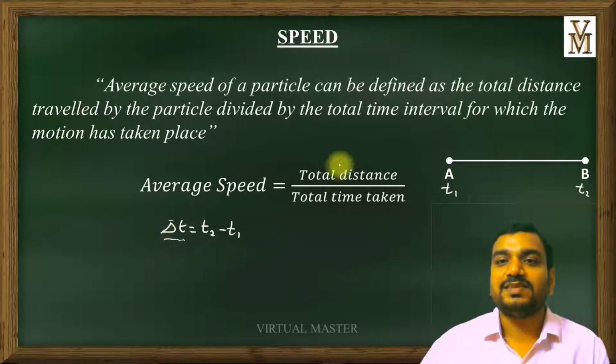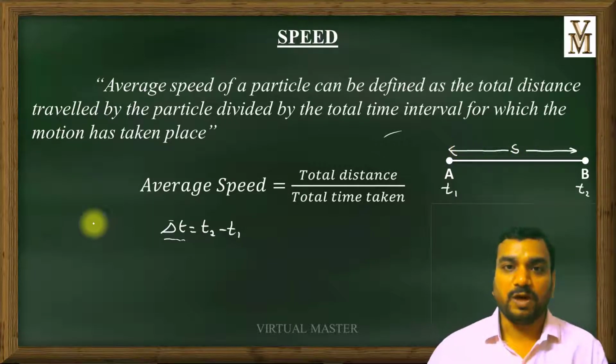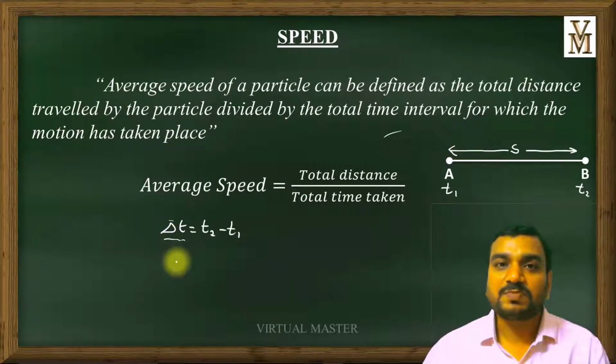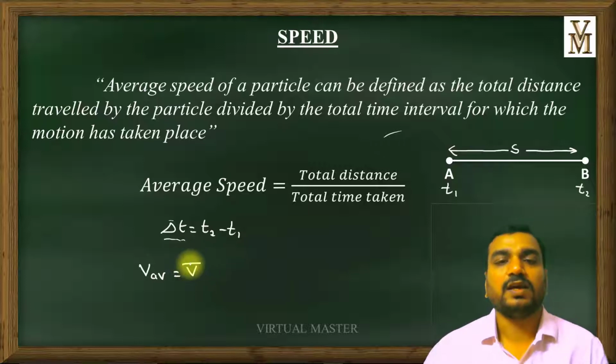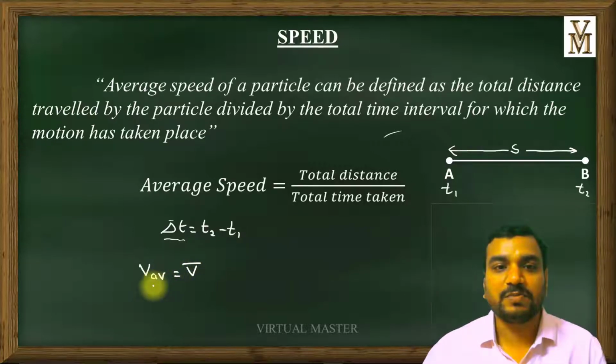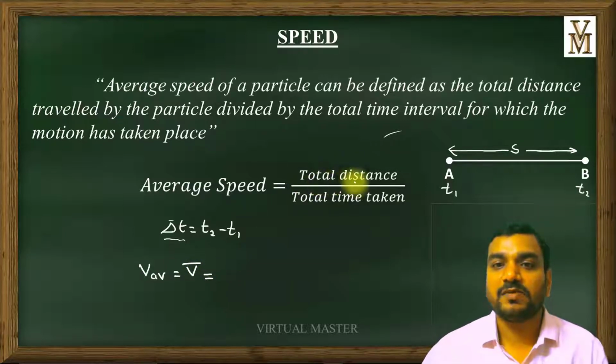Let S be the distance between point A and point B. Then average speed can be written as V_av, which is equal to V bar. Average speed can be represented by V_av and V bar. It is equal to, what is total distance traveled here?